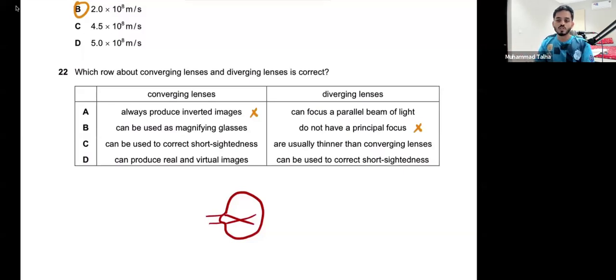For a sharp focused image on the eye, we would want it to meet at the retina. This is not what we want. It's already meeting before. Why would I want to bend it even more, right? So that's why C is wrong, and by default, D is correct. Diverging lenses can be used to correct short-sightedness because these would spread out the rays more so that they meet at the retina, and converging lenses can be used to produce both real and virtual images.